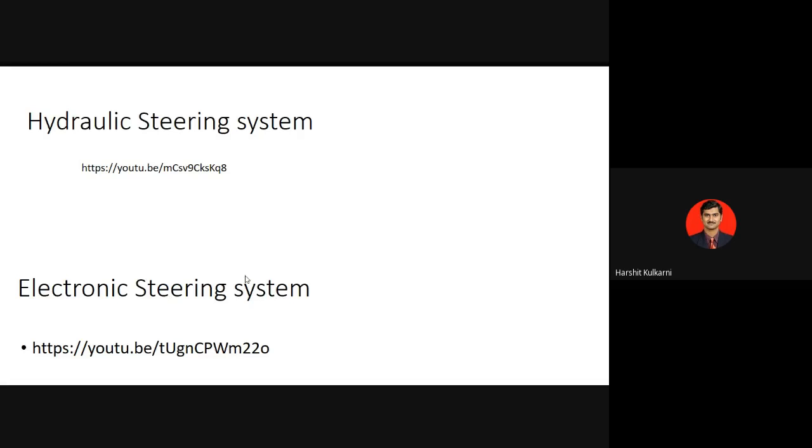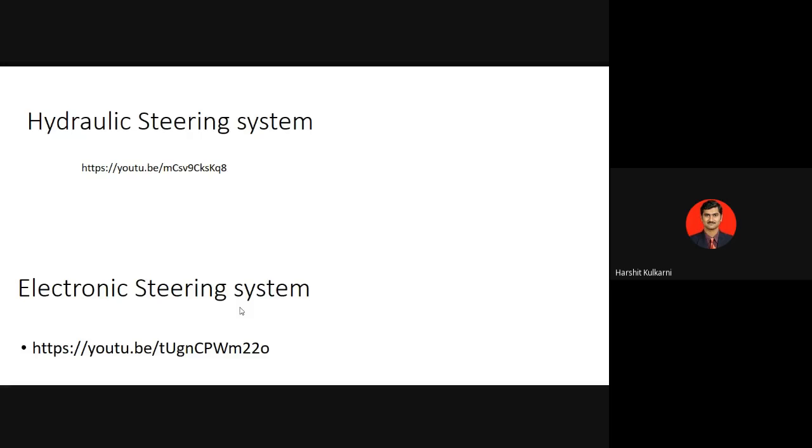Now let us try to understand the electronic steering system. Let's have some basic idea of it. Of course, it's not in your syllabus, but if you compare a hydraulic steering system and an electronic steering system, you should know the difference, because these are the questions that they ask generally during your campus placements. How does the electronic control system, which we call ECS, play an important role in steering for high-end vehicles?